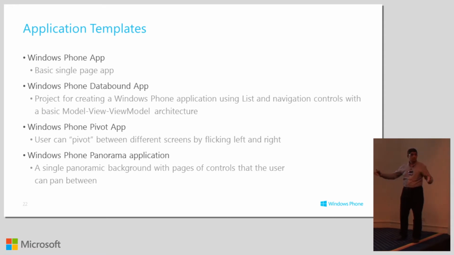Then we have the data-bound application. This is a complete end-to-end application, which comes with a data model, a view model, and a view. How many of you are familiar with the MVVM pattern? Quite a few. MVC? Okay. So MVVM is very much similar to MVC, right? It stands for model view view model.